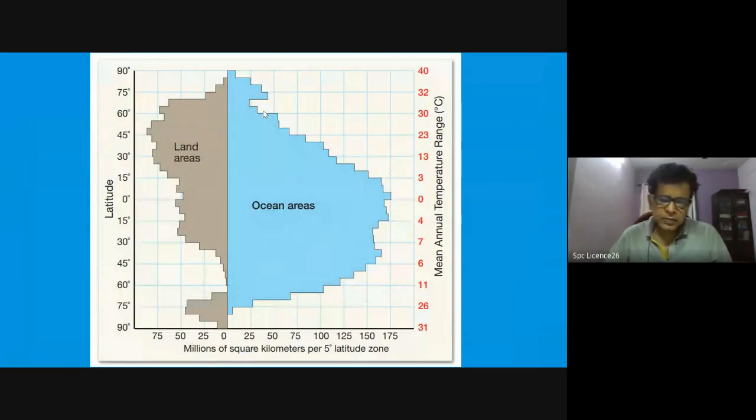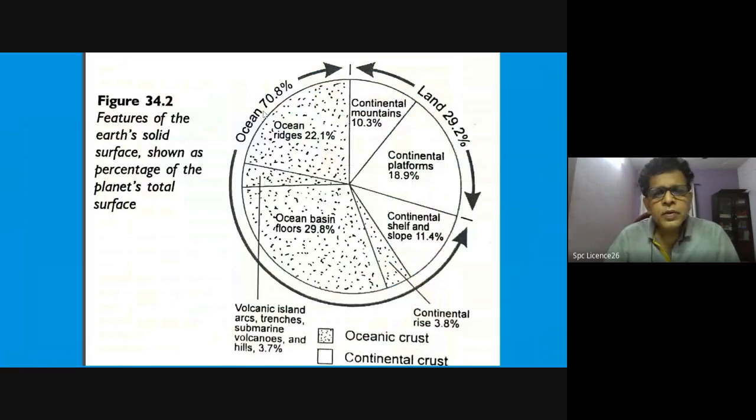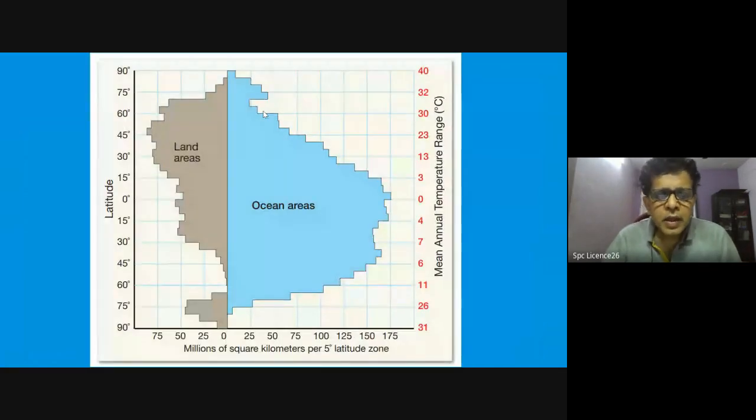This is another graphical representation of how the oceans and the land surfaces distribute themselves through the various latitudes as such.